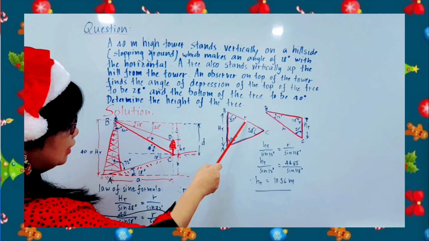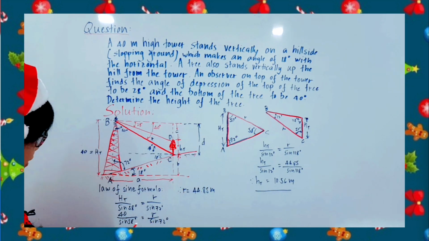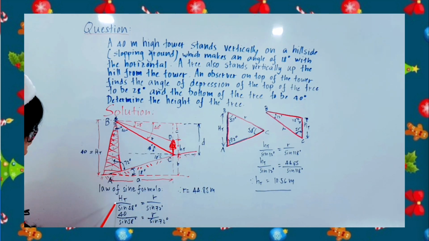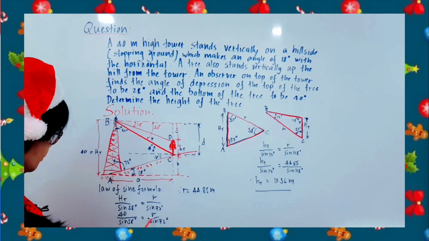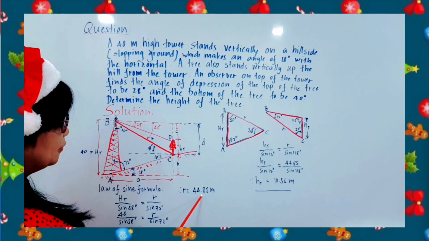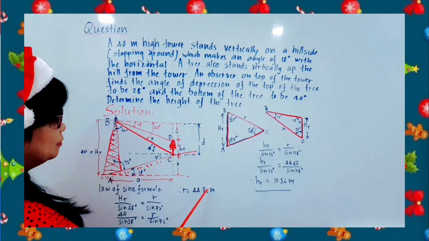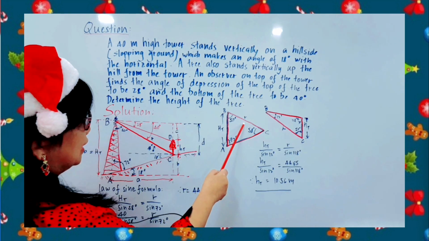Yan ang opposite ng R, which is 72 degrees. Therefore, substituting the value of HT, which is equal to 40 meter, therefore, R is equal to, by cross multiplication, 44.85 meter. So, meron na tayong R. Na-solve na natin ang R.